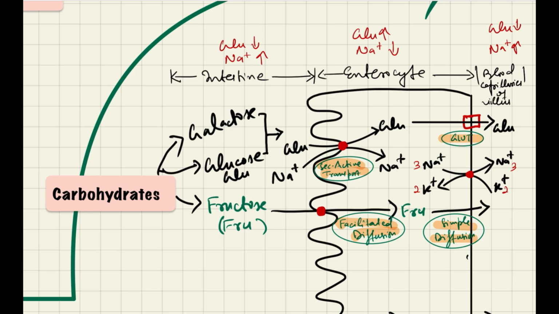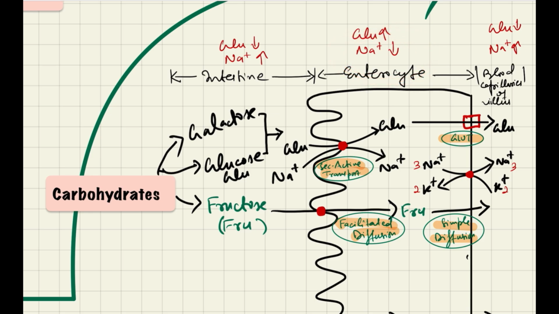In the intestinal lumen, glucose is less and sodium is more with respect to the enterocyte, meaning inside the cytoplasm of the enterocyte. Here glucose is more and sodium is less.